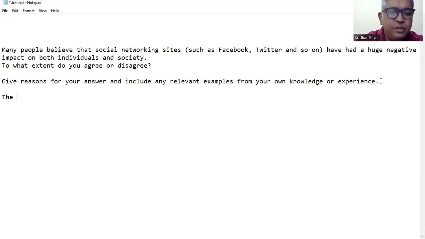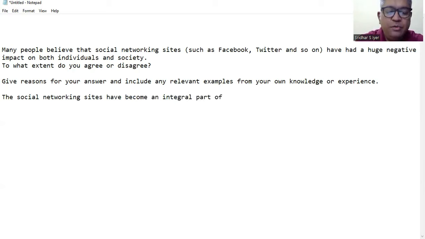So let's not use capital for each and every word. Let's use: social networking sites have become an integral part of everyone's life or lives these days.